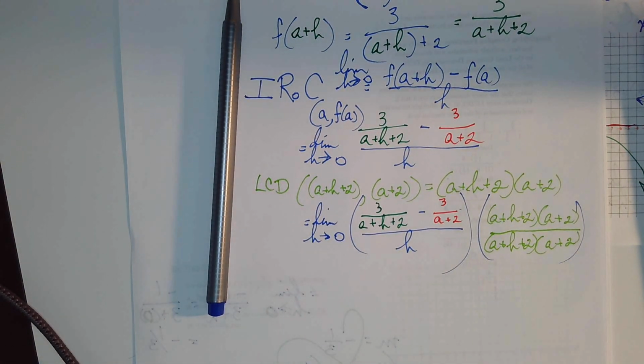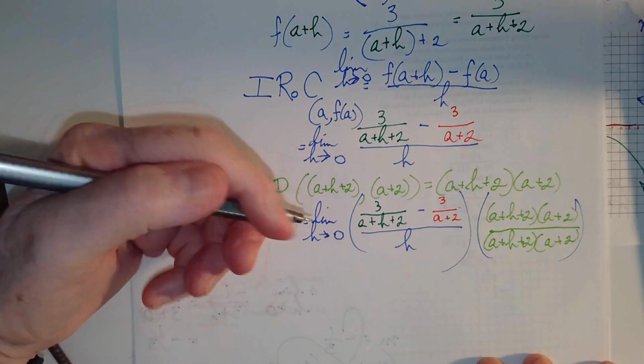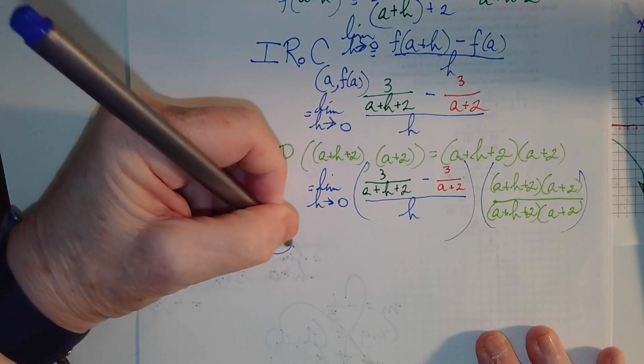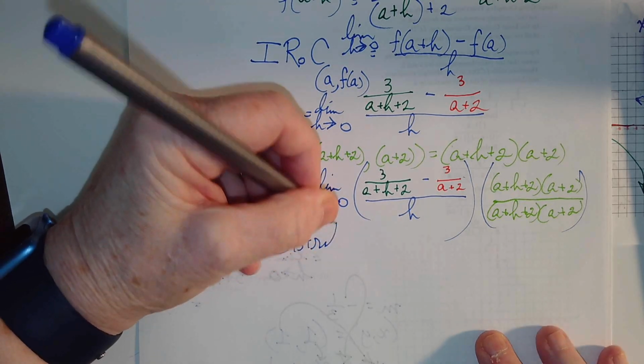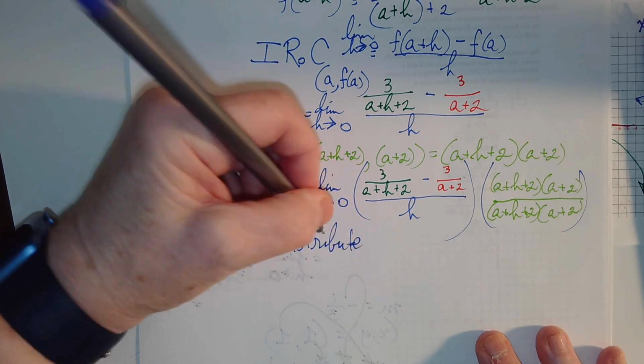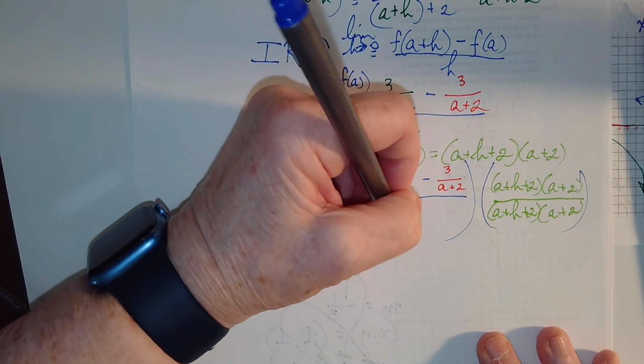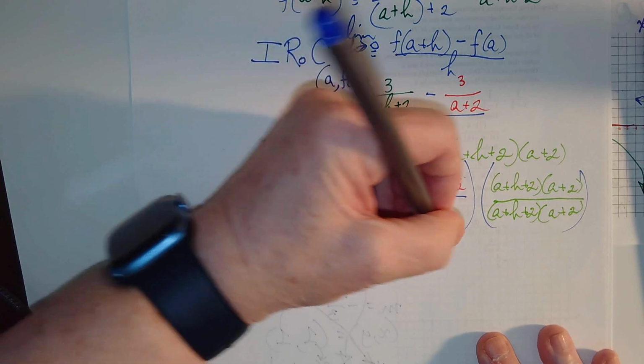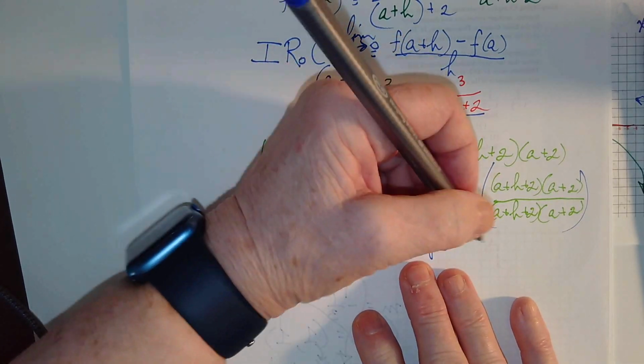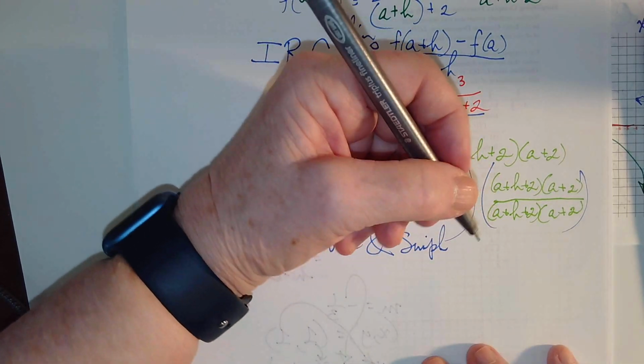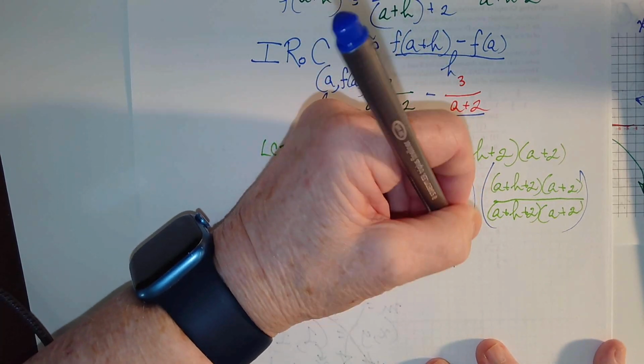And now we're going to distribute and simplify. Simplify just means combine like terms and factor out anything that's possible.